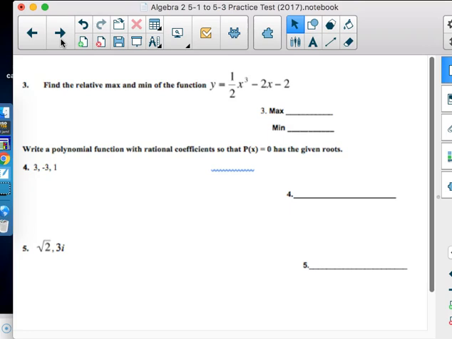Alrighty, 3 says find the relative max and min of y equals 1/2 x to the third minus 2x minus 2. Is that something we can do by hand? No. We have to use the graphing calculator.